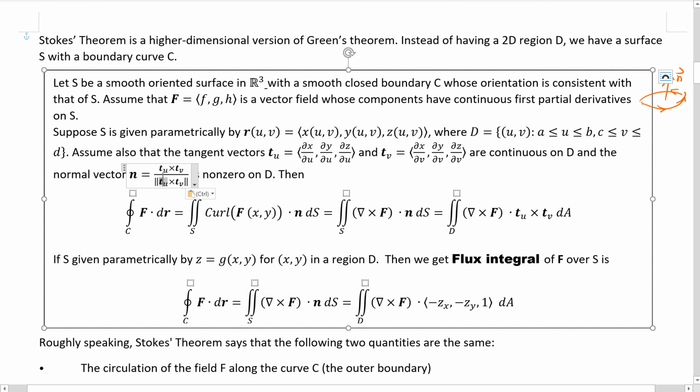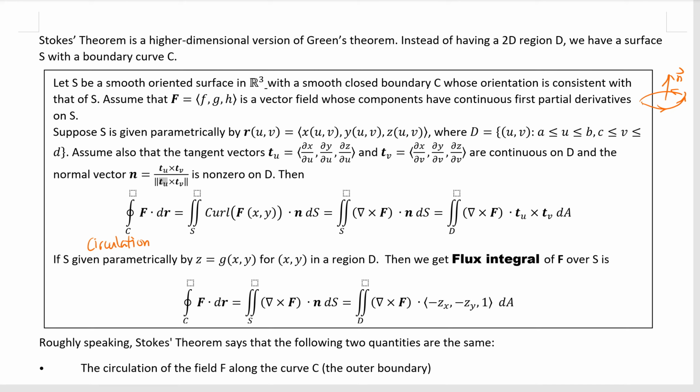Then we have the similar theorem, the circulation. The circulation along the curve C equals the surface integral of the curl. This is a 3D curl, so it's the del operator cross product with the vector field F, dotted with this normal vector n.